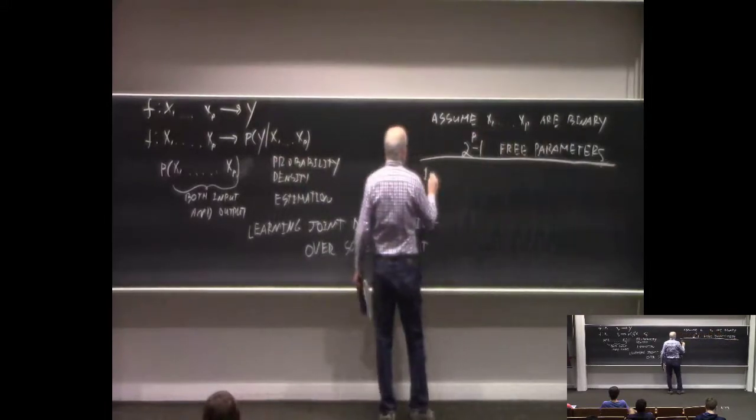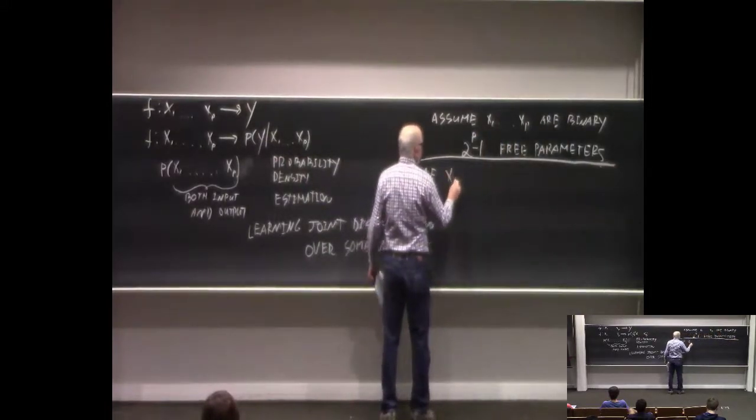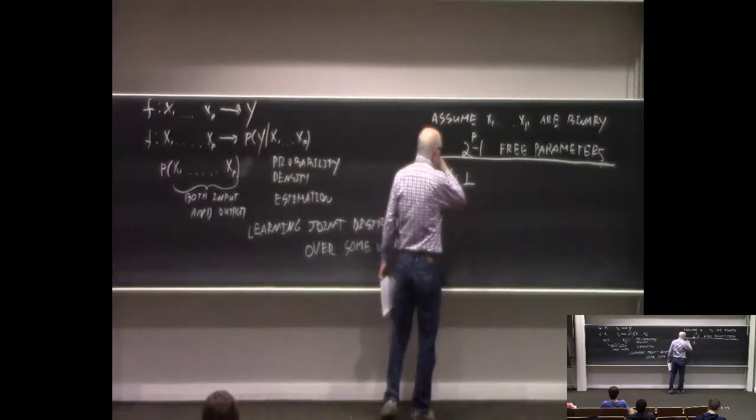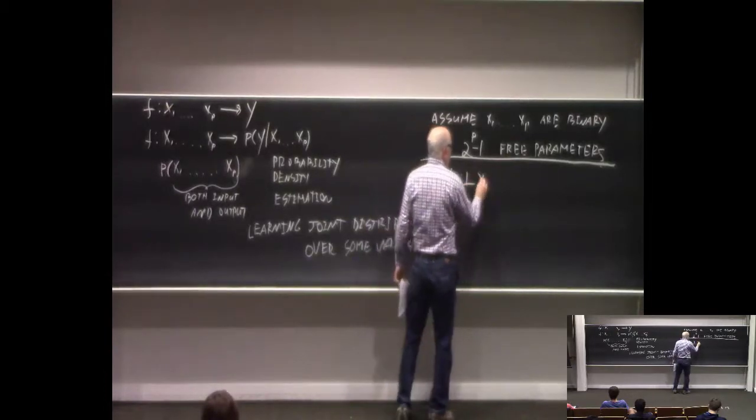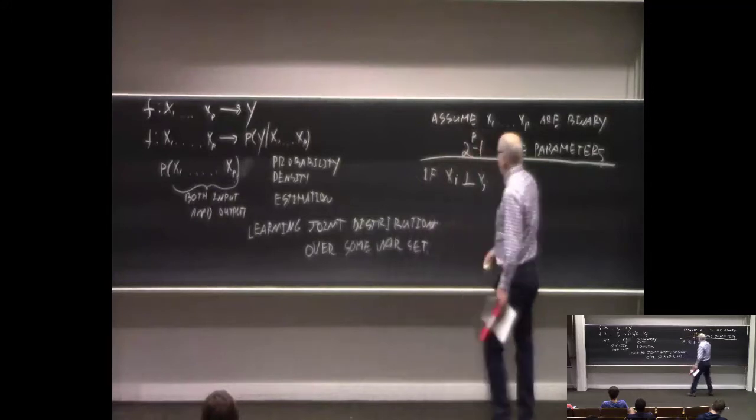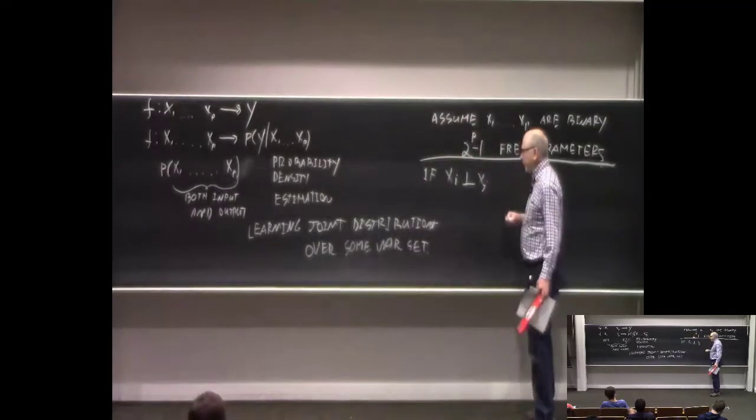If xi is independent of xj, actually I should make it stronger.